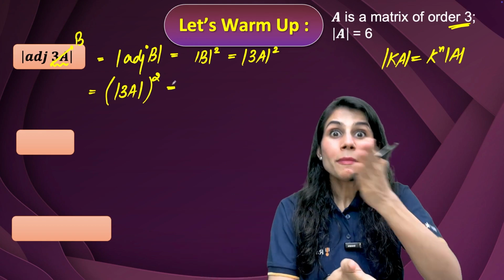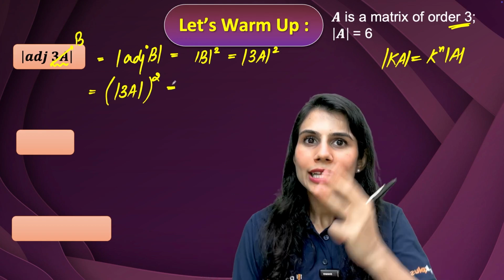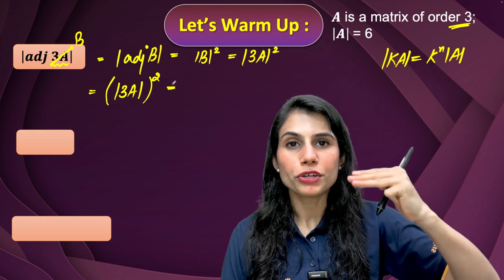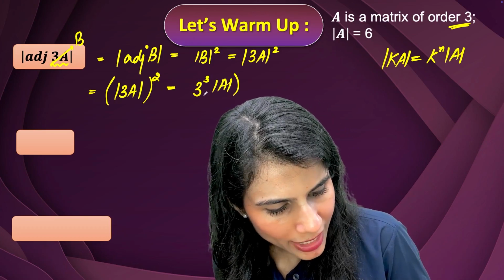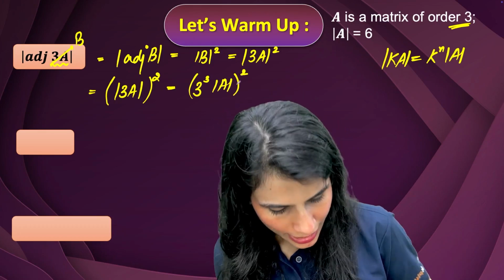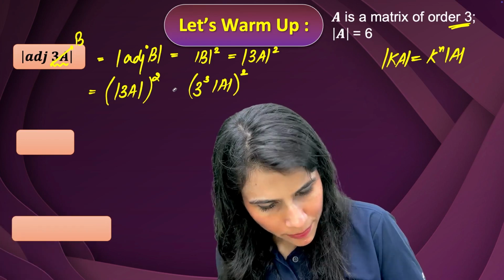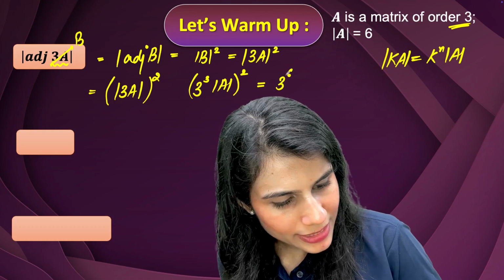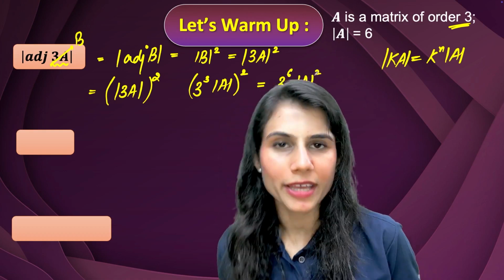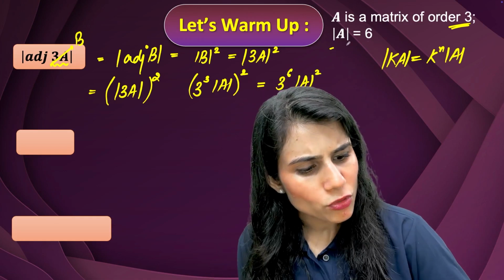So 3 will come out of the determinant with the power 3 because 3 is the order of A. So you will have 3 to the power 3 determinant of A and all of this squared. Understood? I hope there is no confusion till here. What will happen now? 3 to the power 6 determinant of A squared. Now, determinant of A is given to you as 6.